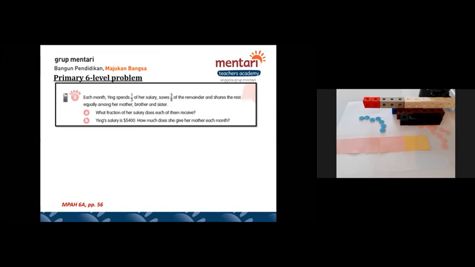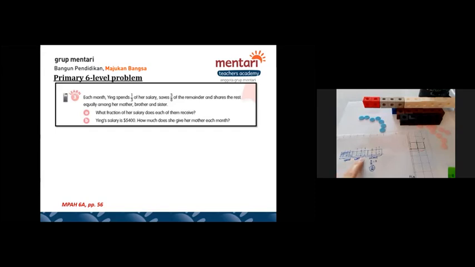And then the next part is she saved 3/8 of the remainder. So from the remainder, which are 2 equal parts, because it says 3/8, that means that each part is now divided into 4. So this is divided into 4, and the other part is also divided into 4. So altogether, the remaining 2 parts out of the 3 equal parts is divided into 8.